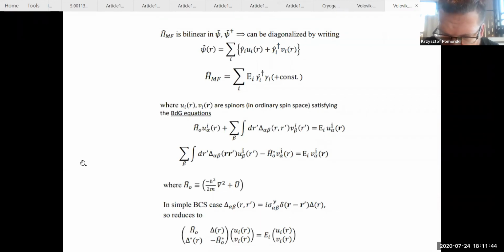You can write them in such a way that the superconducting order parameter is on the antidiagonal, and there H0 is the Hamiltonian of a free particle for electron and hole. So this equation has a lot of analogies with the Dirac equation. It has a somewhat similar structure, where electron and hole play the role of particle and antiparticle. All right, so let me move on.